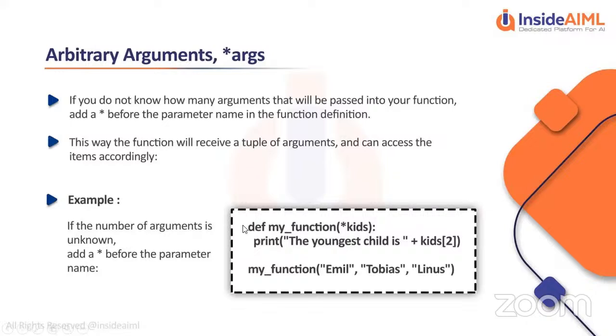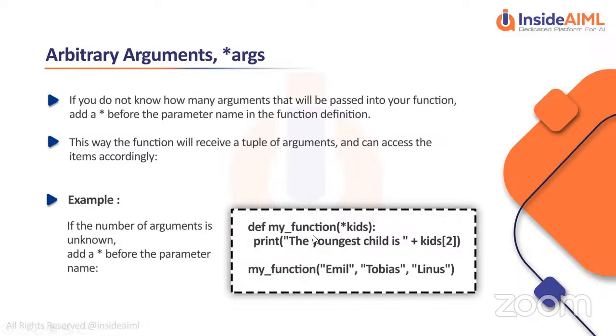If you want to pass multiple arguments in one go without thinking about the number, you have one option for that, and that is arbitrary arguments. We have 2 kinds of arbitrary arguments. First is star args, which we treat as a tuple, whereas star star kwargs, we treat as a dictionary.